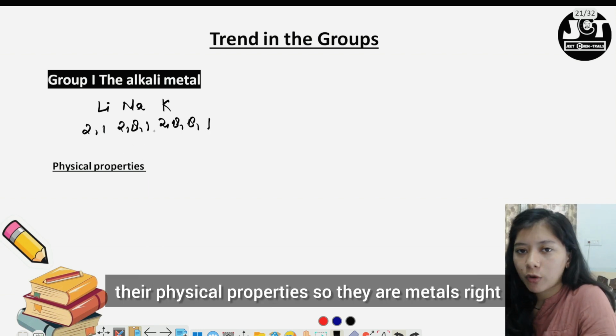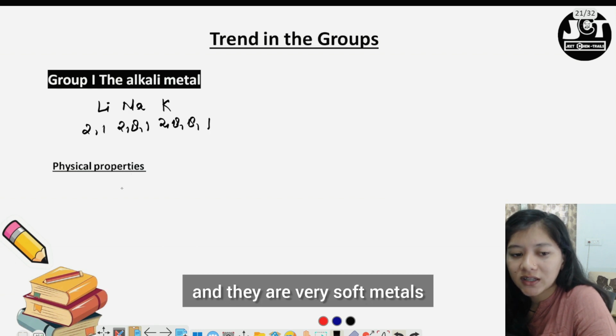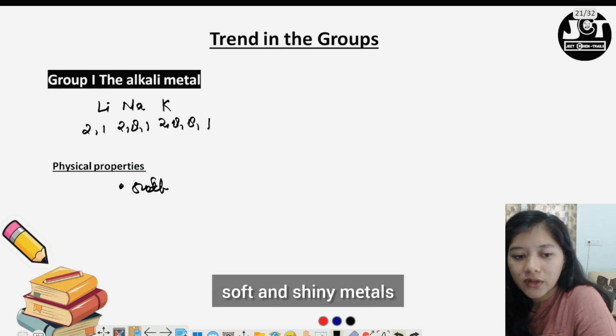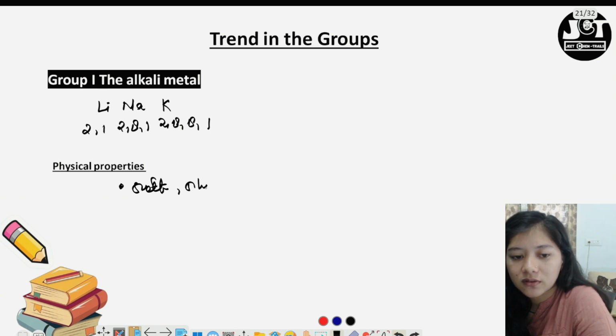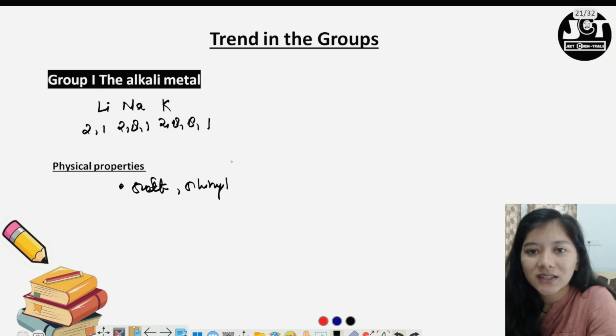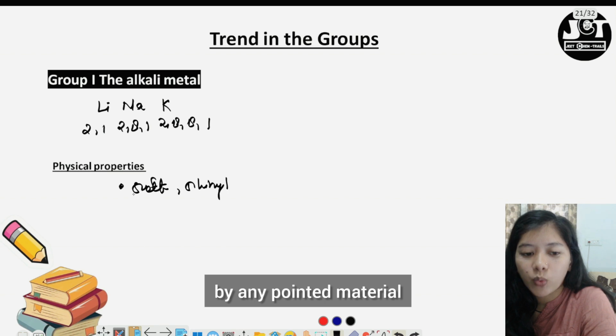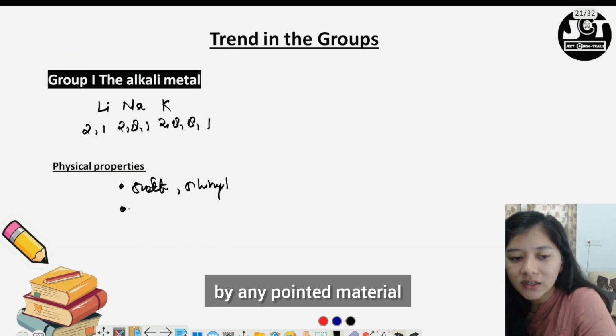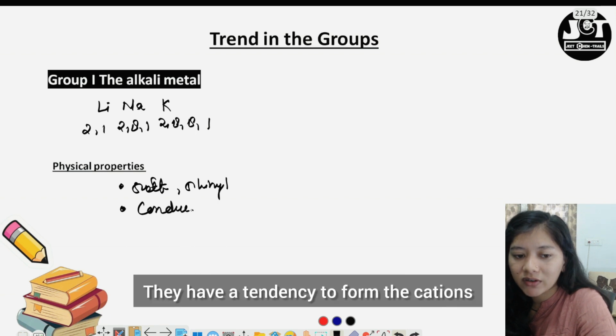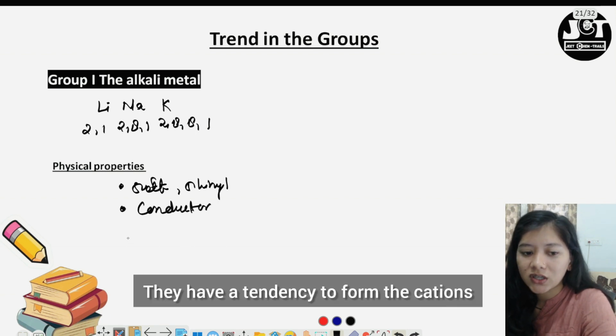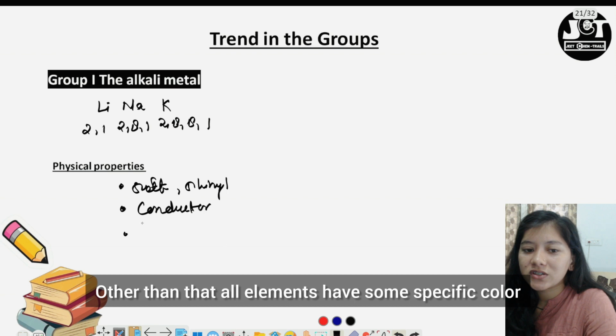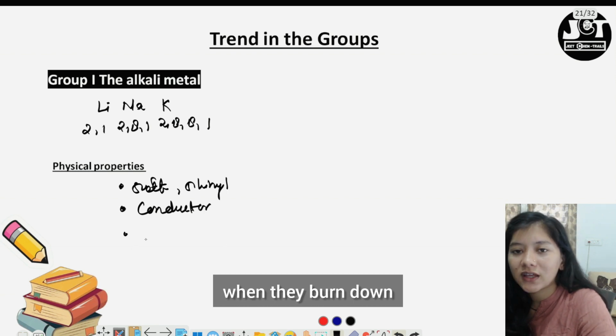About their physical properties, they are metals, right, and they are very soft, shiny metals. So they can easily be cut by any pointed material. They are good conductors because they are metals. They have a tendency to form cations, right? Other than that, all elements have some specific color when they burn.